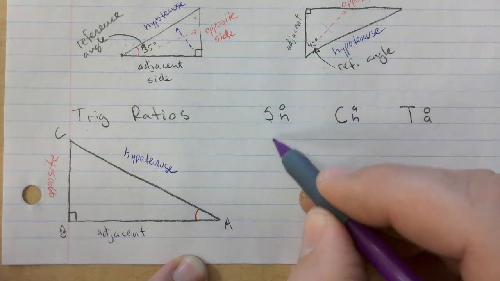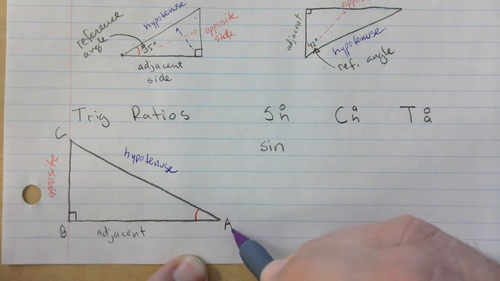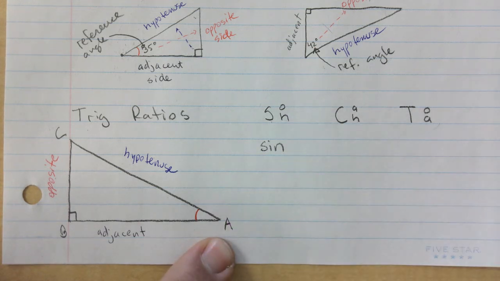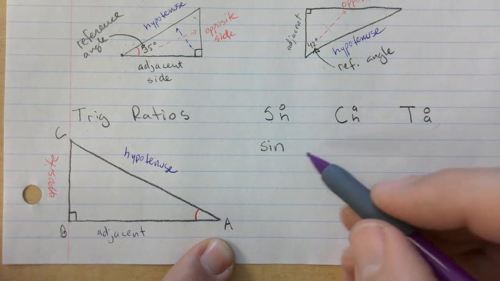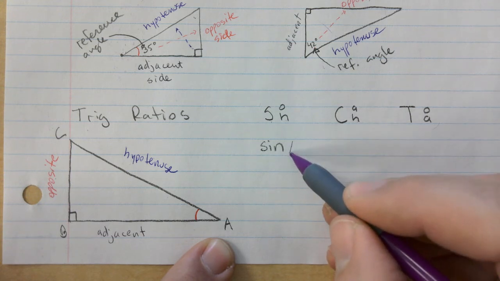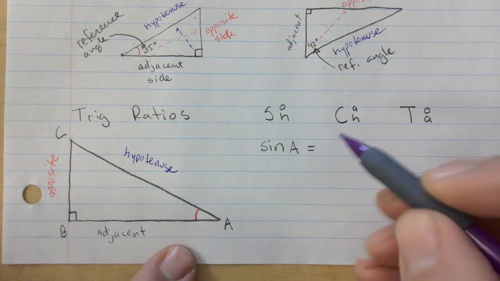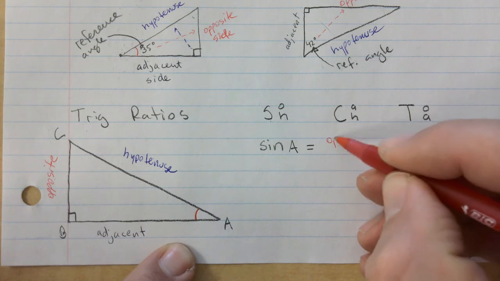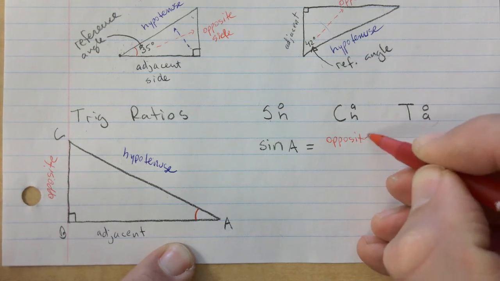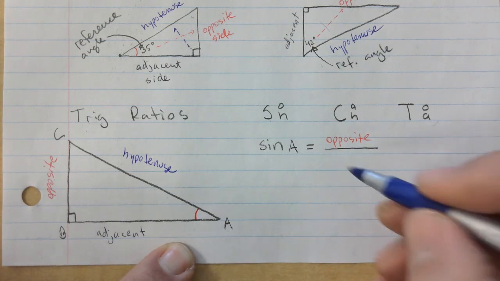So let's write it out. Sine of angle A. Sine always needs an angle attached to it, guys. Do not just put sine down in your calculation. I want sine of angle A is going to be the opposite side over the hypotenuse.